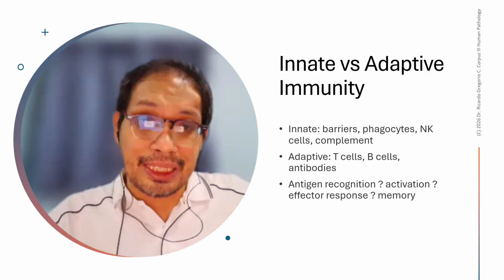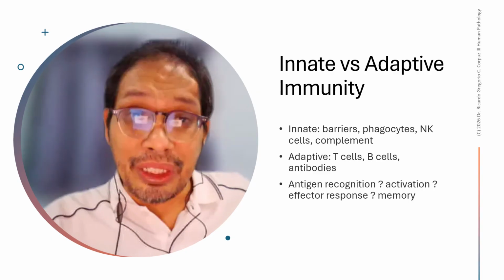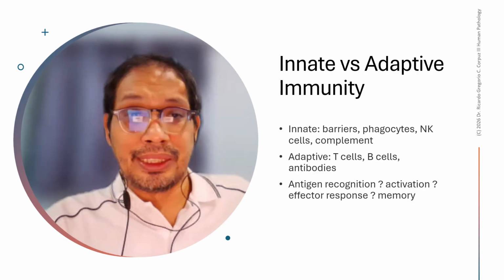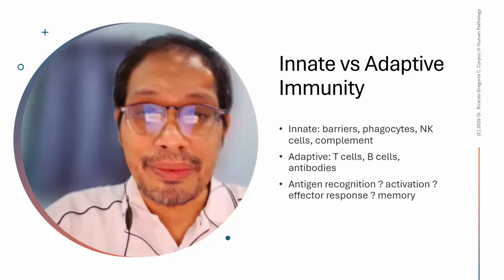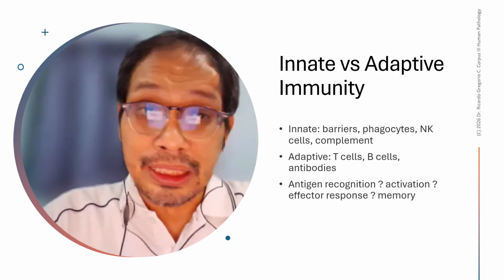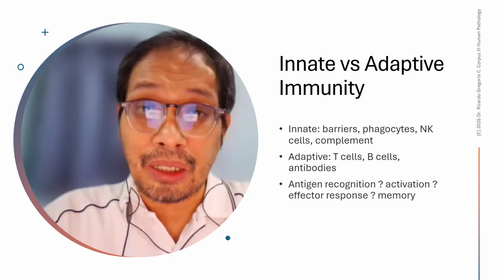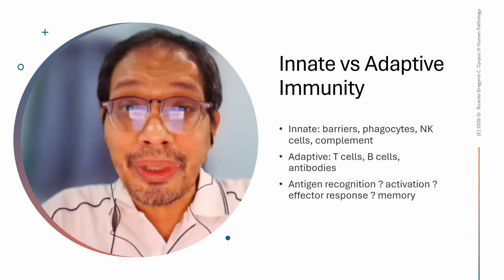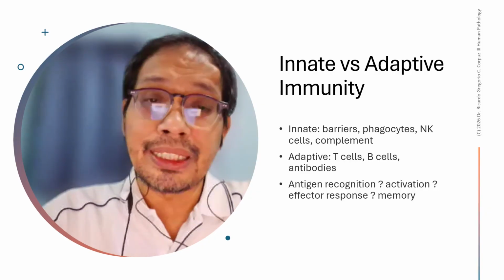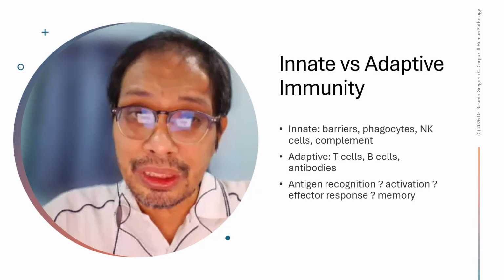And the complement system mediates opsonization, inflammation, and direct lysis via the membrane attack complex. So here come the defects: recurrent pyogenic infection, poor wound healing, susceptibility to Neisseria with terminal complement deficiency, severe bacterial infection, leukocyte adhesion defects, and chronic granulomatous disease.